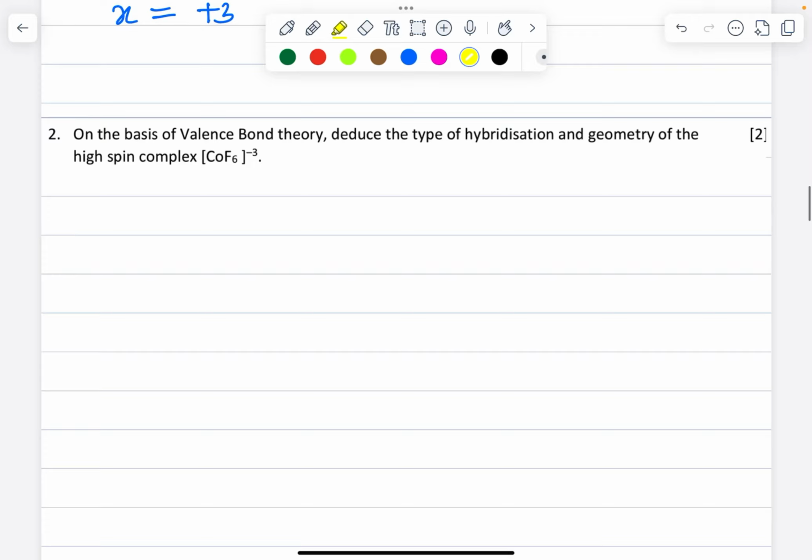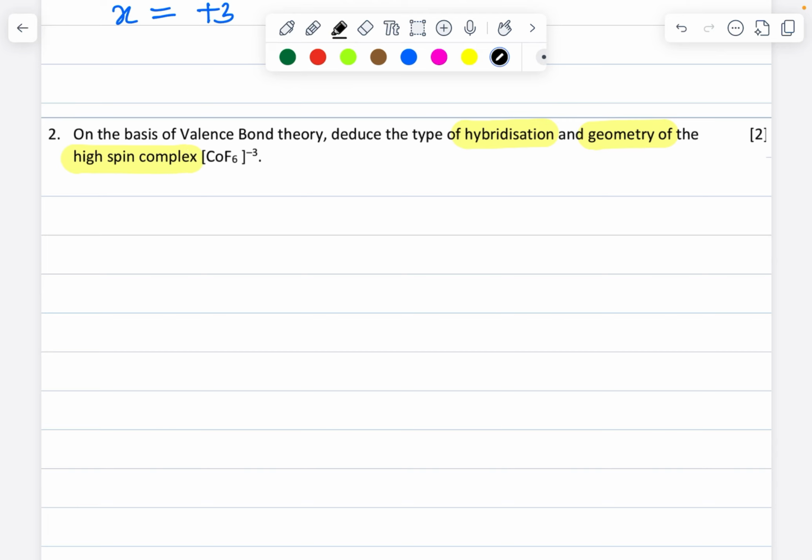Next question is, on the basis of valence bond theory, deduce the type of hybridization. What is asked is that you need to find the hybridization and the geometry of the high spin complex. They have said that it is a high spin complex.